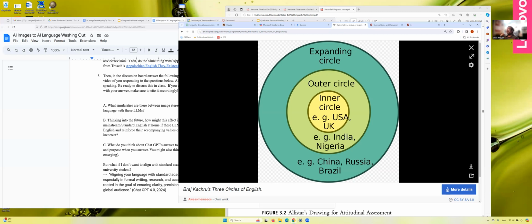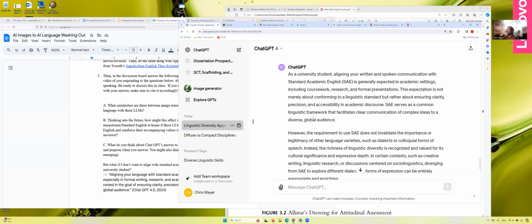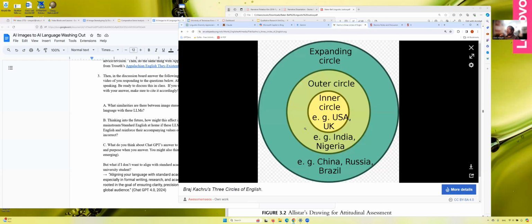And so when we come back to thinking about this idea of ensuring clarity in academic discourse, which is arguably a global phenomenon, right? I don't know if that holds so true, because what about people who are speaking and using different world Englishes that do not conform to North American standard English?